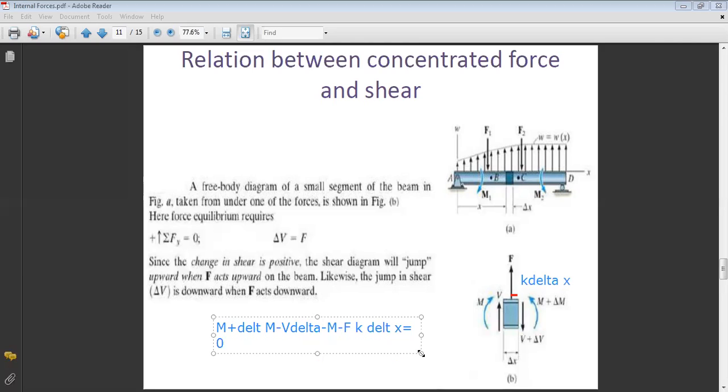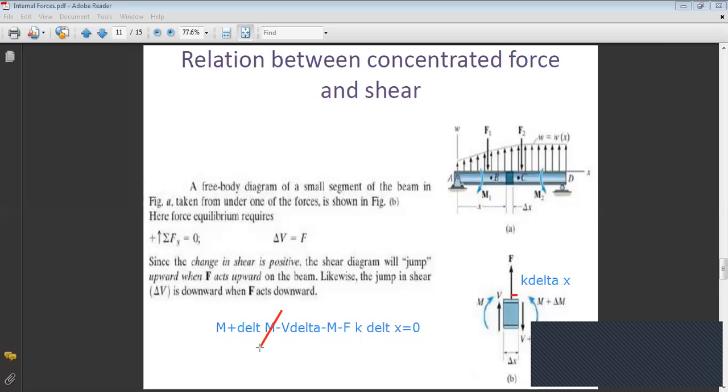As you can deduce, V delta x and k delta x are very small compared to V. If you simplify M minus M, you get that delta M is simply equal to V plus F k times delta x.